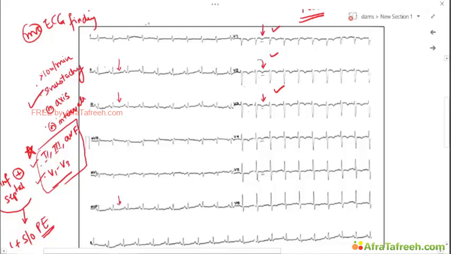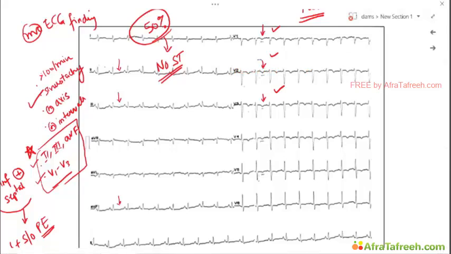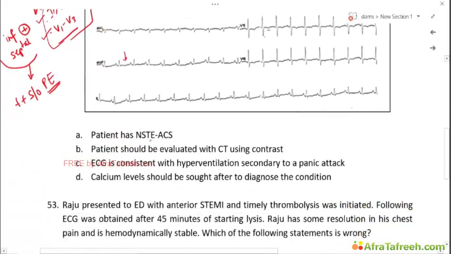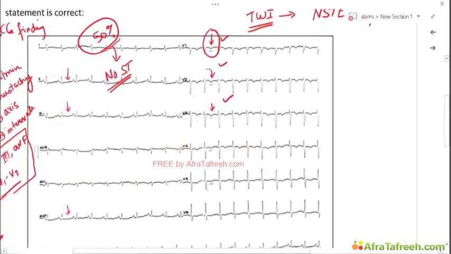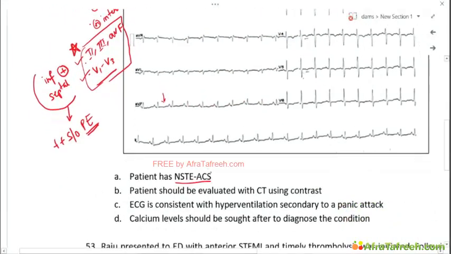Sinus tachycardia is seen only in around 50% of patients. Right? So the rest 50% of patients have no sinus tachycardia. Many years back it used to be called the most common finding. Now it is widely accepted that this is not the most common finding, the most common finding being T wave inversion in the anteroseptal leads. Okay, so this is about pulmonary embolism on ECG. Does the patient have acute coronary syndrome, NSTEMI? We have discussed it here, but when you have this finding in place, this does not become likely.